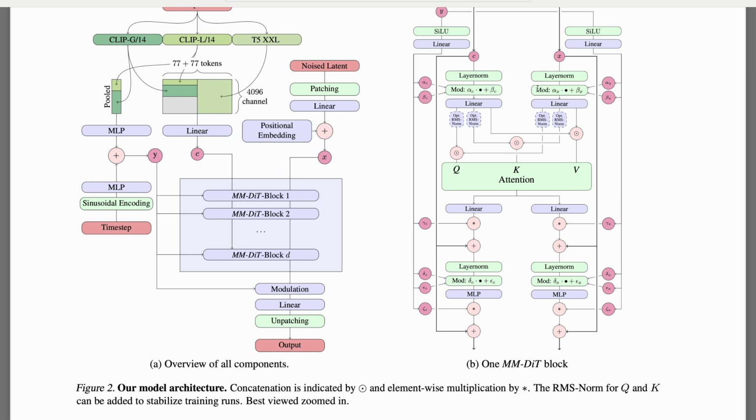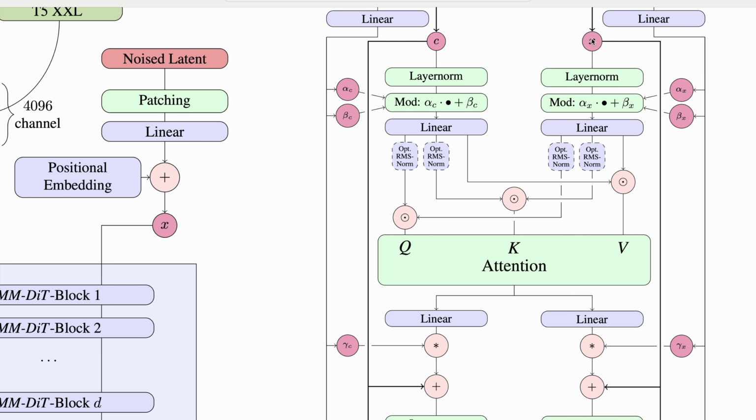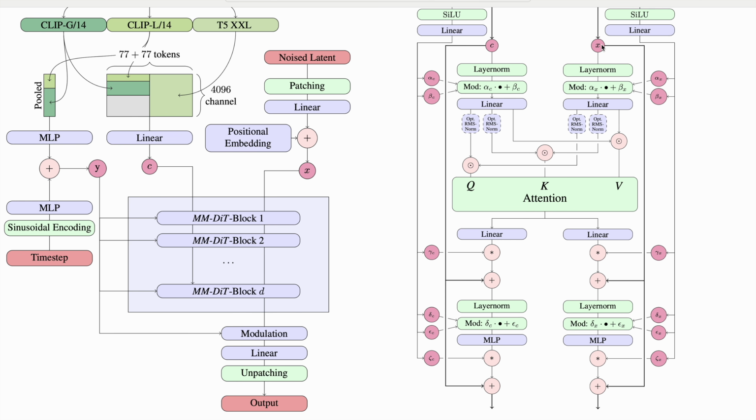And then on the other side, there is the signal, X, the signal that you are denoising, basically the noise that will be turned into the image. Each of those signals is processed with independent branches, and then in the middle they are merged. There is an attention mechanism where the keys, queries, and values are merged.